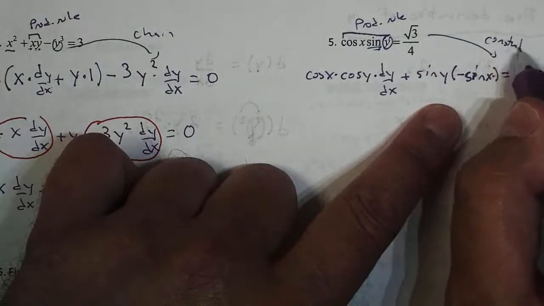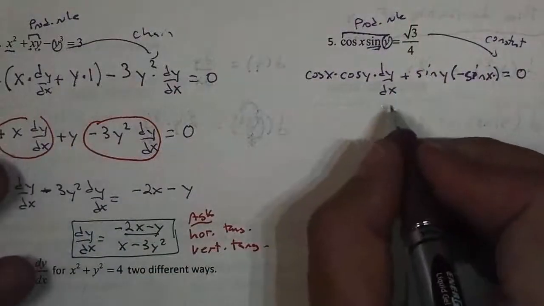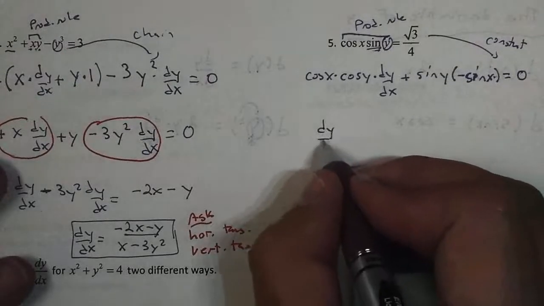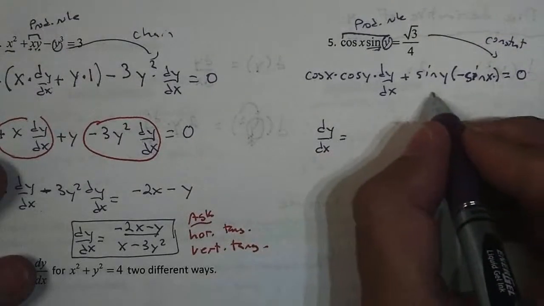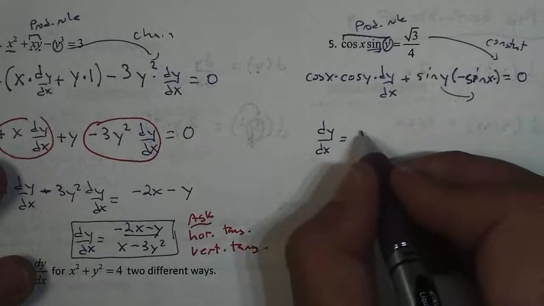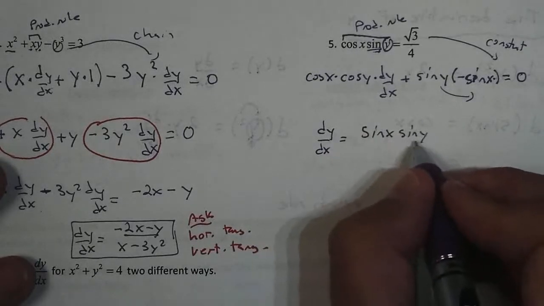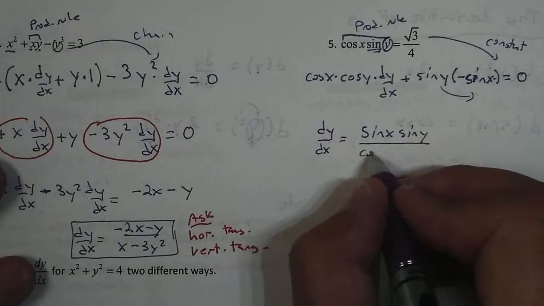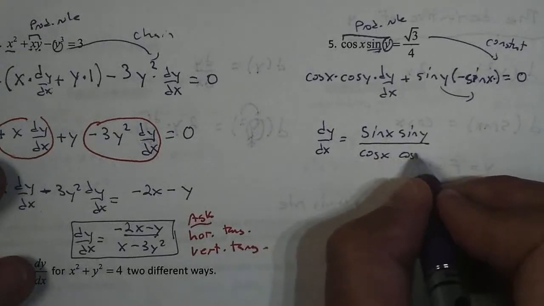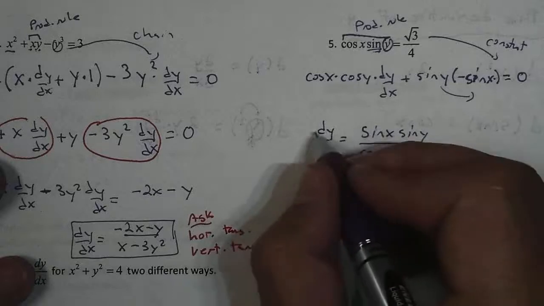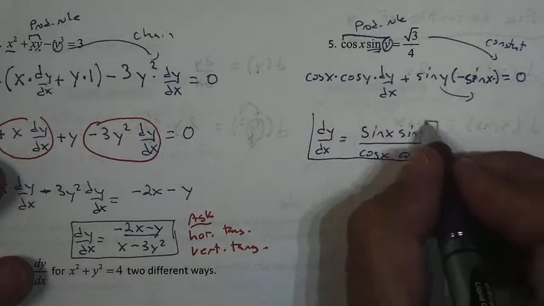Be very careful. And now I can solve for dy dx. So we should be able to do this algebraically pretty quickly. I'm going to bring this part over, and that becomes positive sine x sine y divided by cosine x cosine y. And there's my derivative. I'm okay with that.